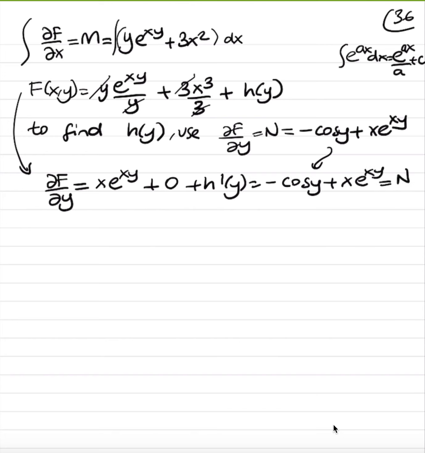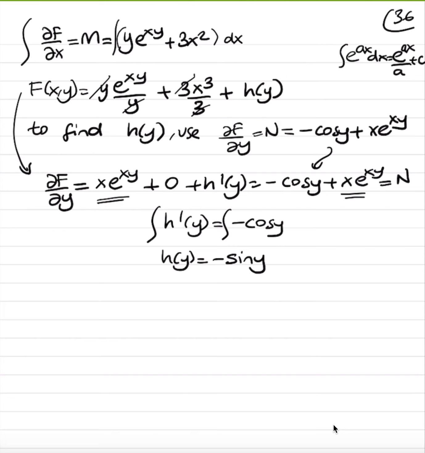So we know del f over del y is equal to n. Then if we cancel these terms, we are left with h prime of y is equal to minus cosine y. And we can take the integral to find h of y. So h of y is equal to minus sine y.